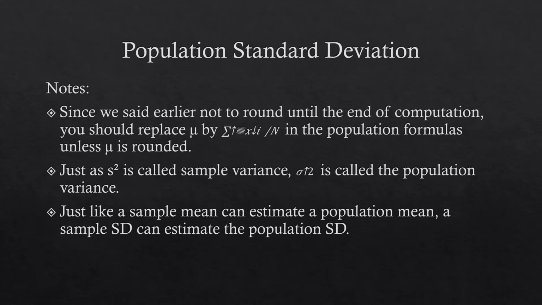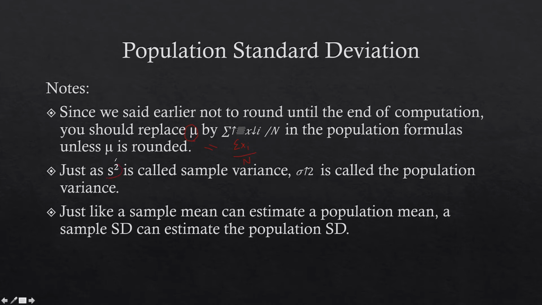So in these standard deviation formulas, we should replace mu by the sum of x sub i over capital N. What that is essentially doing is replacing it in the formula so that we don't do the division ahead of time. You're going to do the division at the end so that the computation comes out a little nicer.